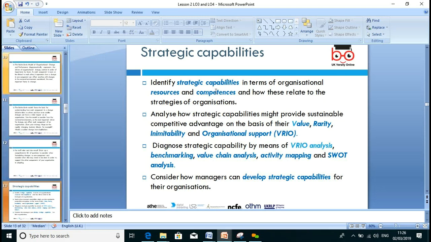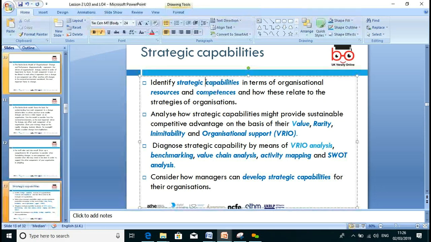What is the difference between competencies and capabilities? Any thought? What is the key difference? Capability is being able to do the work; competence is what you need to be able to do the work.